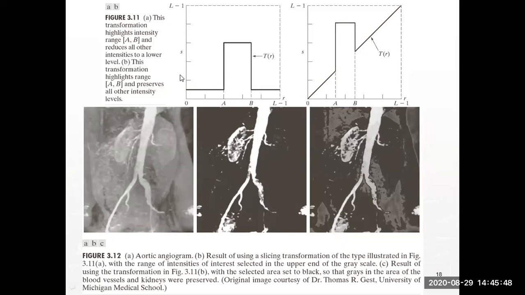But the second one, this transformation highlights the range A and B and preserves all other intensity values. That means only in between A and B it highlights the pixel values, and the remaining all are preserved the same, with no change. Okay, next.